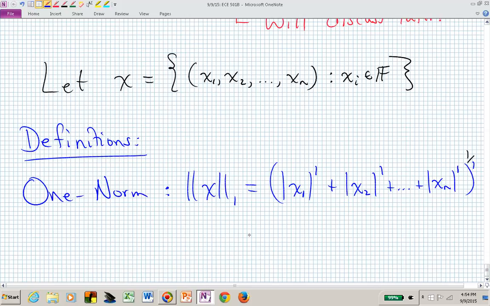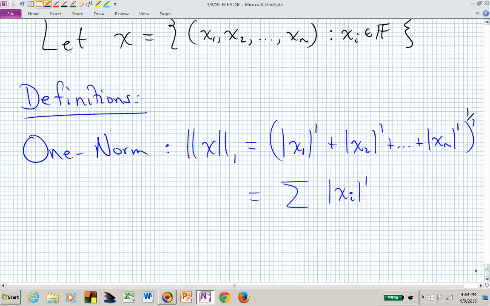Or you could say that this is now the sum of the magnitudes of each of these coordinates raised to the first power, and we can now sum over all coordinates. That's the one norm. And we could say that this is now raised to the, or the first root of that.